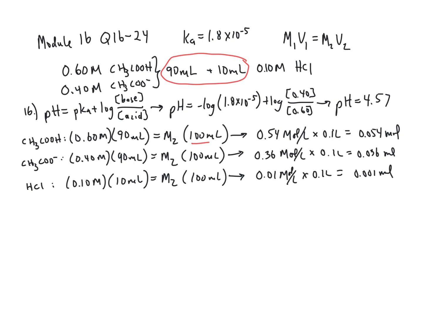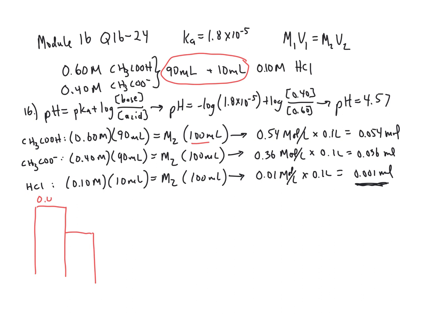After we add the HCl, HCl is my limiting reagent, so it will all be consumed. We're going to use all of the HCl during the course of this reaction. Now if we figure out how these amounts are going to change during the course of the reaction, I would set it up in the same way we did in class.